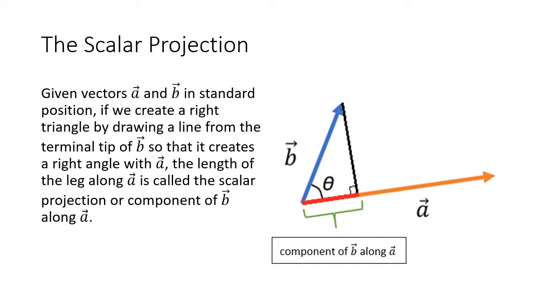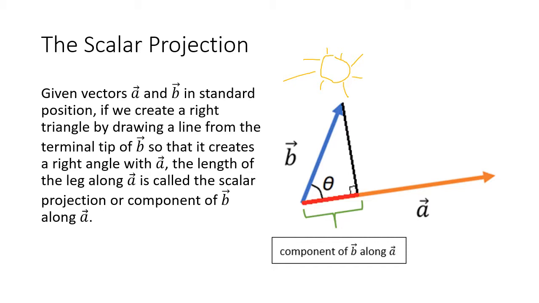Then the length of the leg along vector A that is part of the triangle is called the scalar projection or the component. One of the reasons we call it the scalar projection is that projection is like a shadow. If you imagine the sun up here shining down, the shadow it casts is going to be our component.